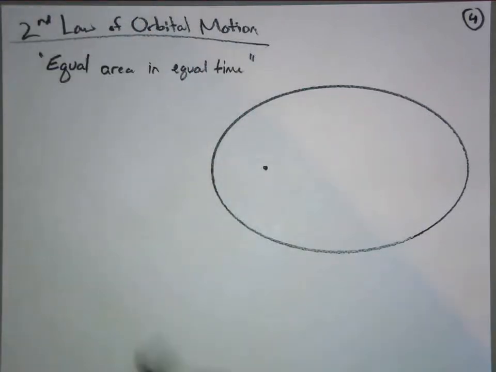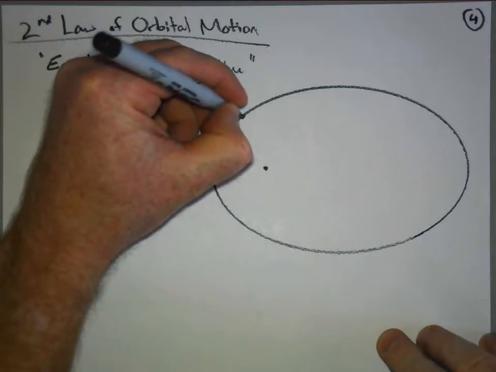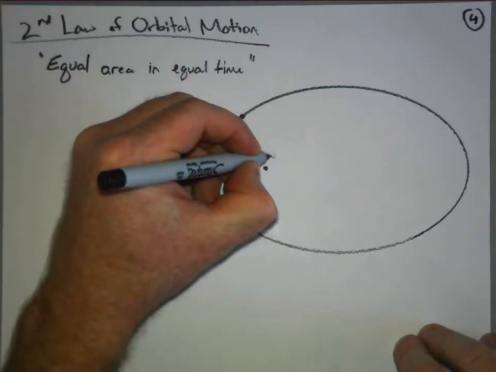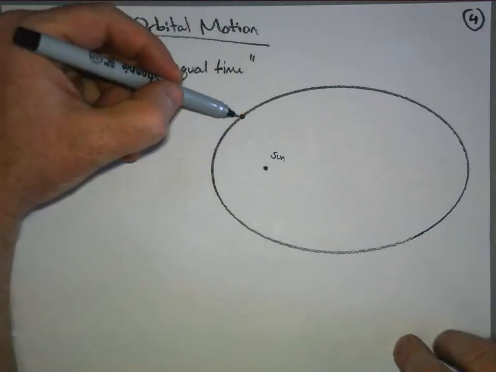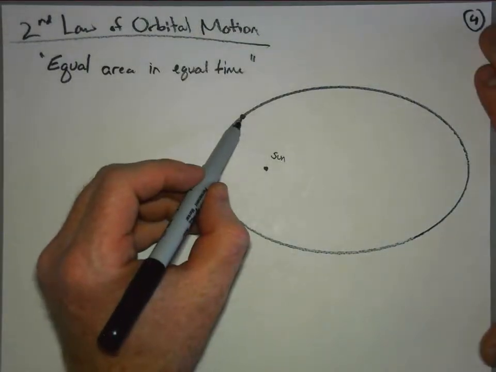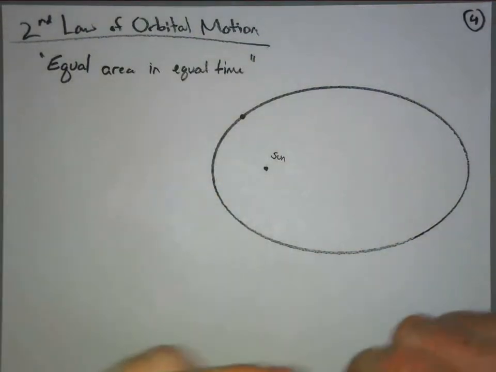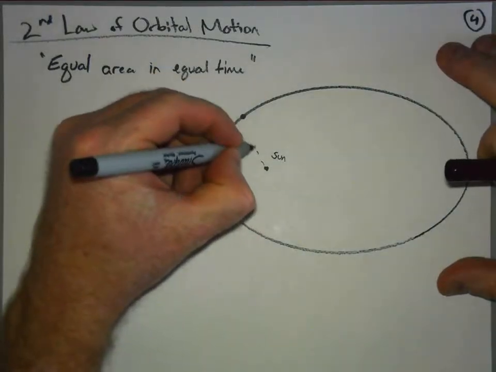And here's the deal with this guy. Let's put the planet, I don't know, let's start him here. So here's the sun, and we're going to track the planet. We're going to track the location of the planet for a certain amount of time. Let me draw an imaginary line here.